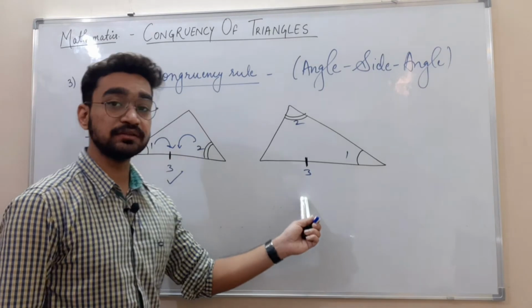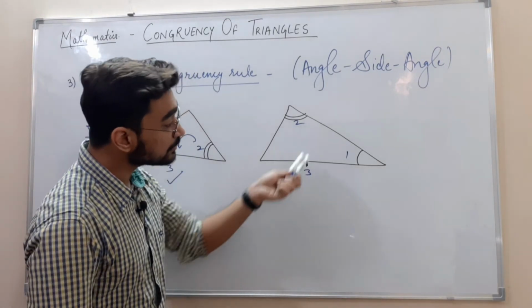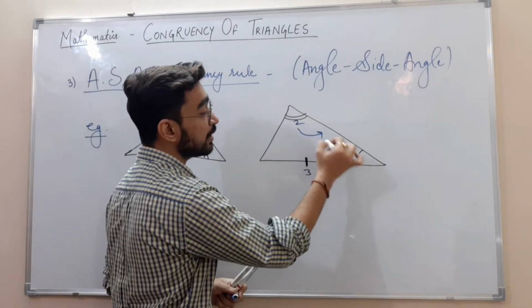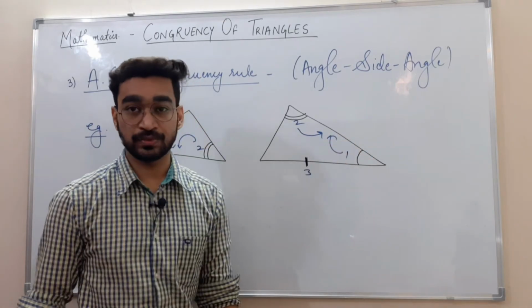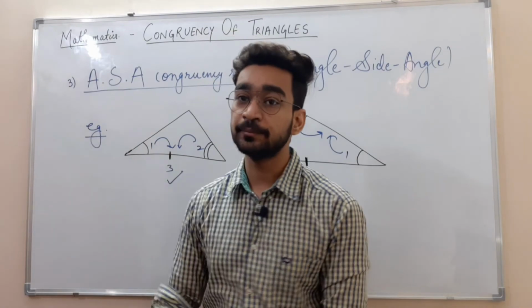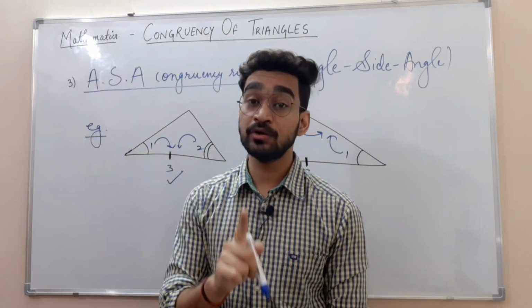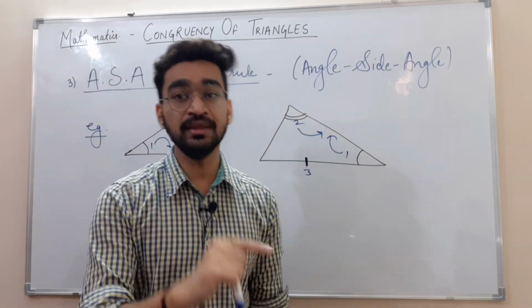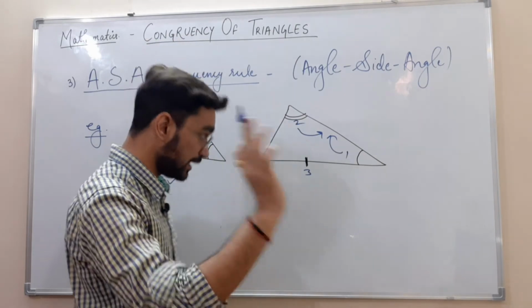But in this case, is this side coming in between these two angles? No. So can I say that these two triangles will be equal by using ASA property? No, because the side should be in between the two angles.